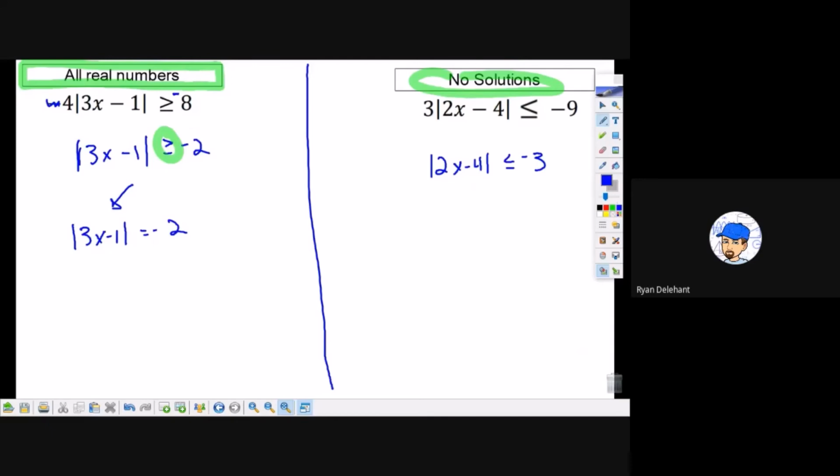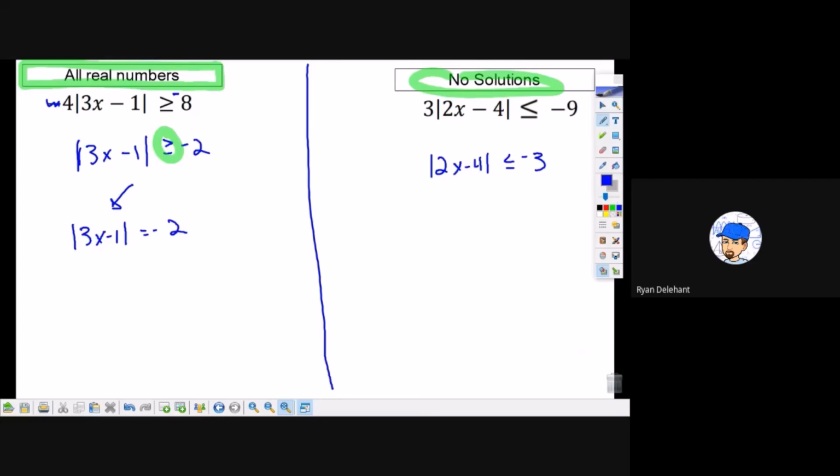This one says that our absolute value is going to be smaller than a negative number. What numbers are smaller than -3? -4, -5, stuff like that. We can't get any negatives out of our absolute value. Therefore, there's no way to ever make this true. Absolute value has to be positive, so therefore the absolute value has to be bigger than that negative.